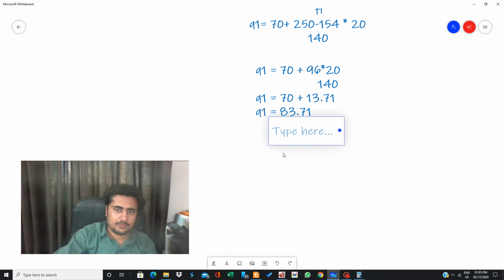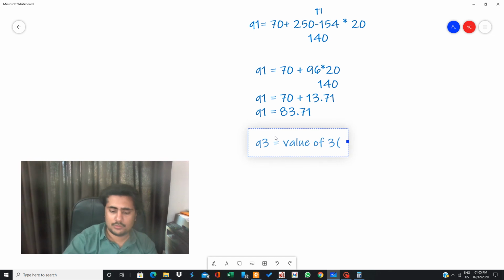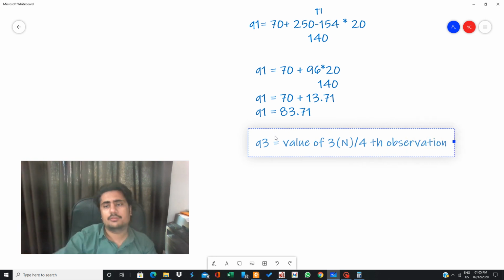Now I will find Q3. So what is Q3? It's the value of 3 into N upon fourth observation.